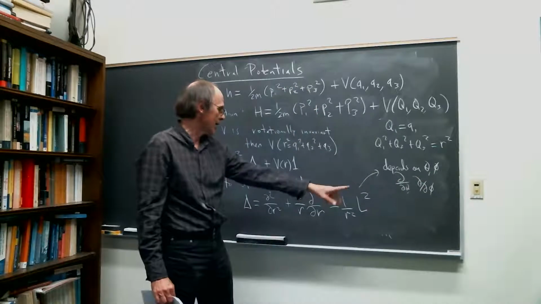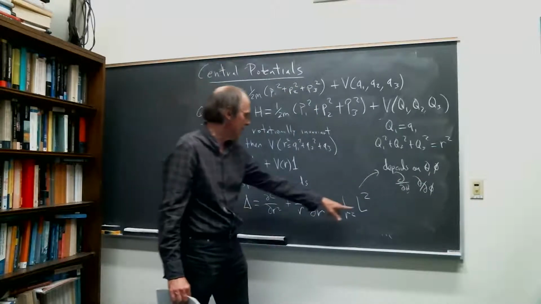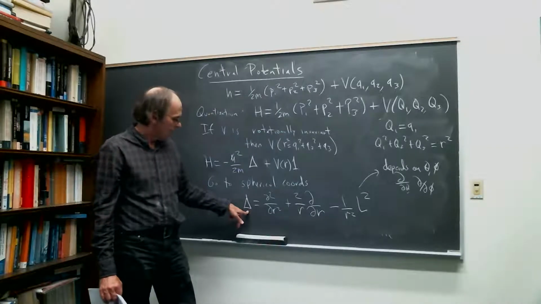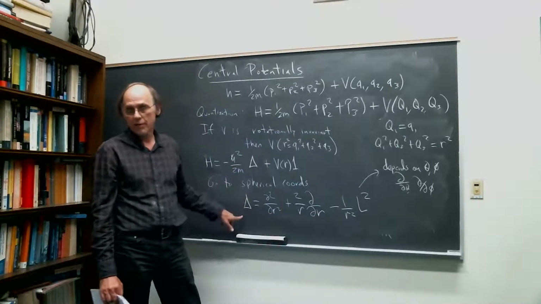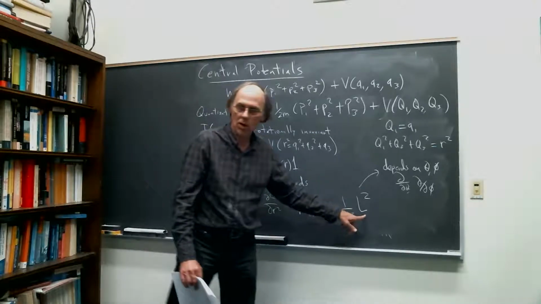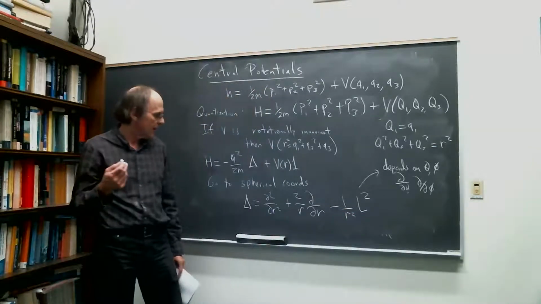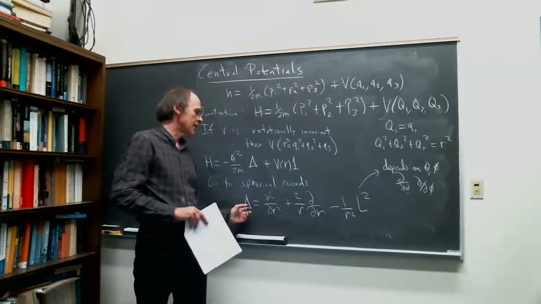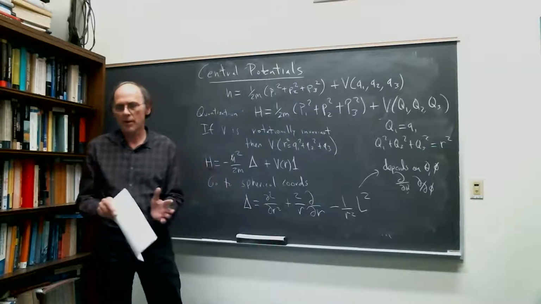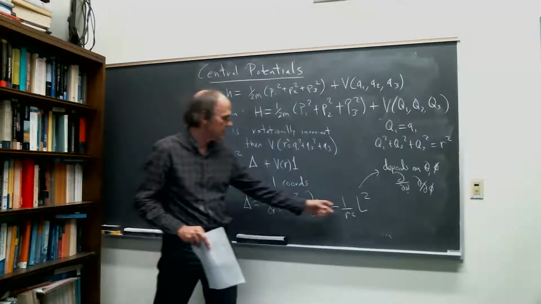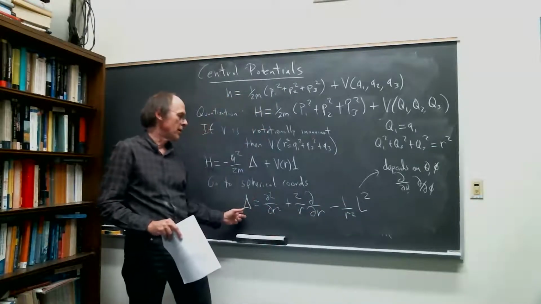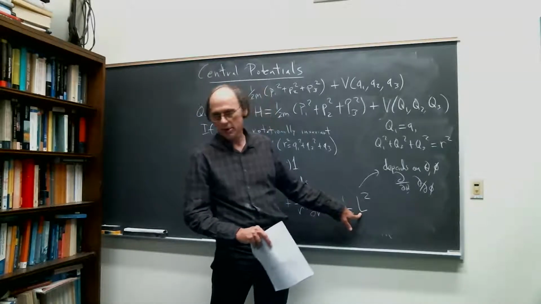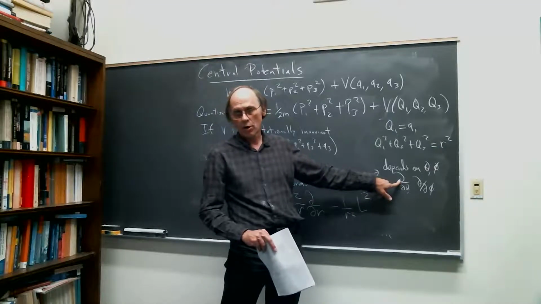And if you check, it's the same one that appears in the expression for the Laplacian. That gives you the angular dependence of the Laplacian. So the basic fact is that you can take all the information about the angular dependence of the Laplacian operator, and it all comes down to this operator L squared, but it's one you already saw.